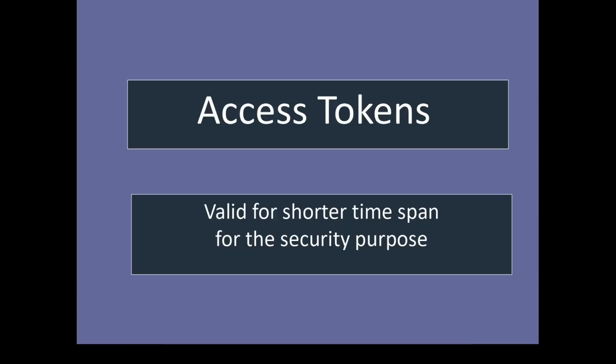They are generally created with shorter validity so that security can be maintained. In case an attacker gets your access token, then he can access your data, and you don't want to give this privilege for a longer period of time. So we create a shorter validity for access tokens.